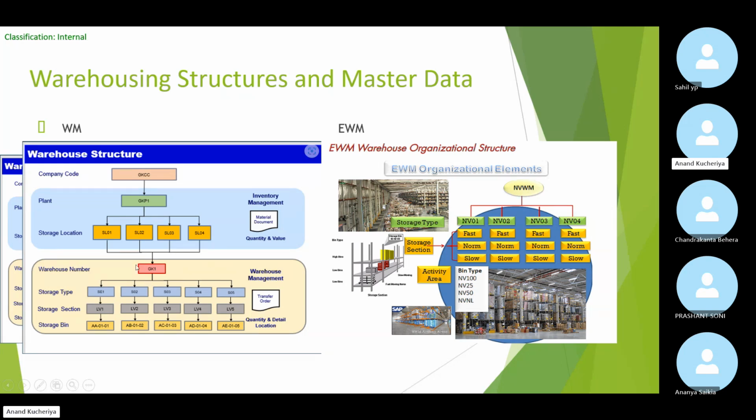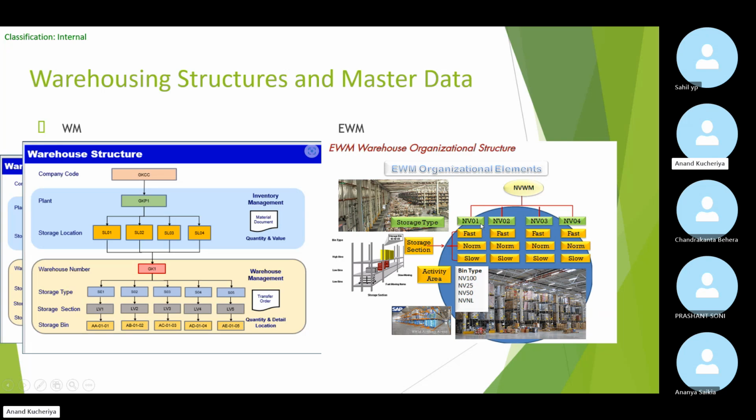As a result, all the relevant storage bins come under this warehouse and become relevant for this EWM warehouse management. In this EWM warehouse, we have NV01, NV02, NV03, NV04.